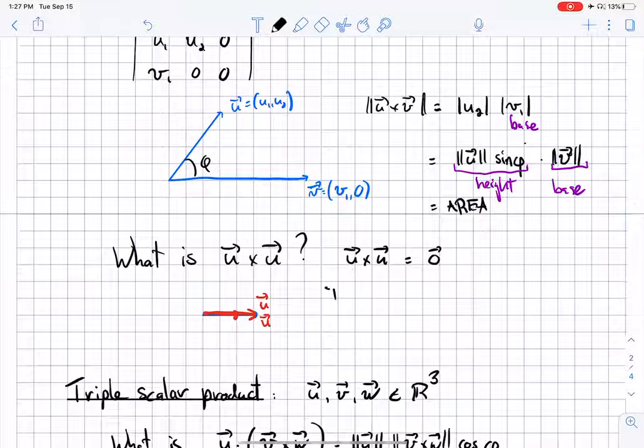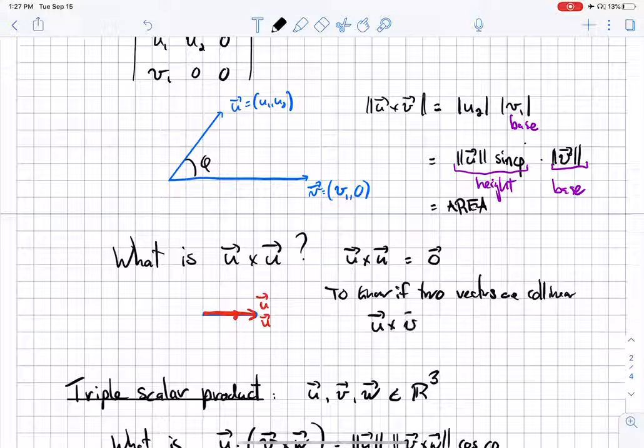So to know if two vectors are collinear or parallel, I compute the cross product and I should get the 0 vector. And also, if they ask me a question, find a vector that is both orthogonal to U and V, well, I'll compute a cross product.